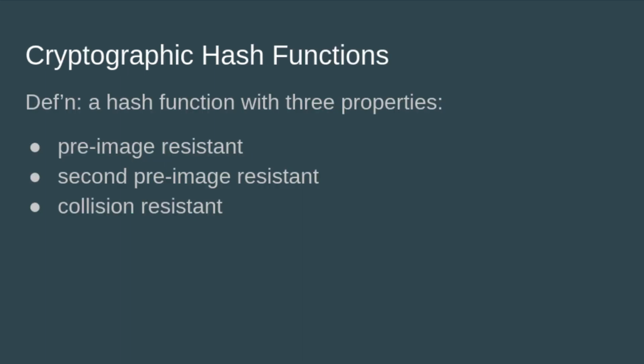Going back to our properties, I said that these properties are in increasing order of strength. If a hash is collision resistant, it is also second preimage resistant. To see why, consider if you had a hash function that was collision resistant, but not second preimage resistant.